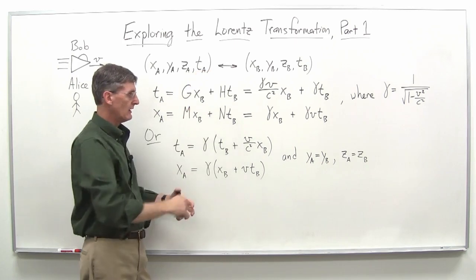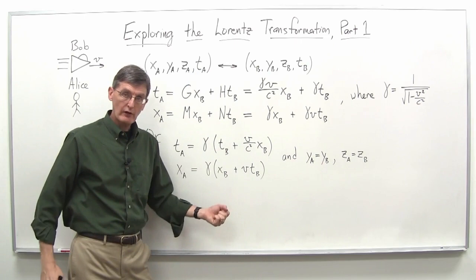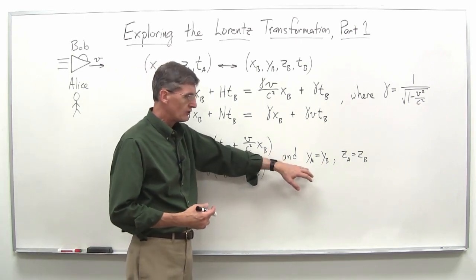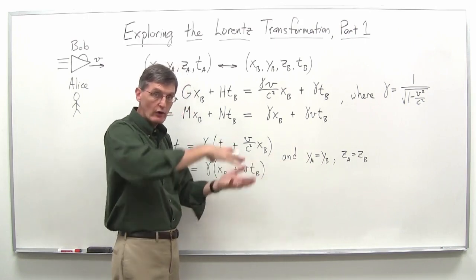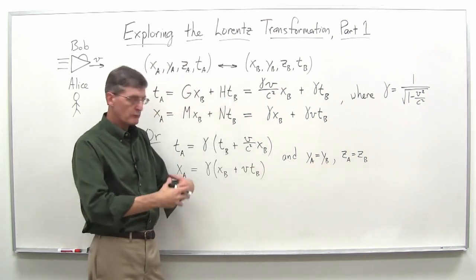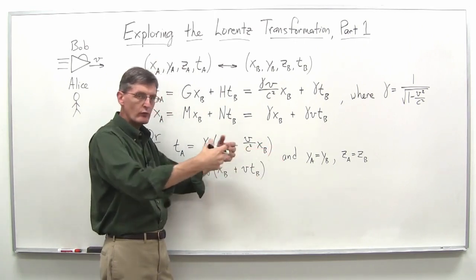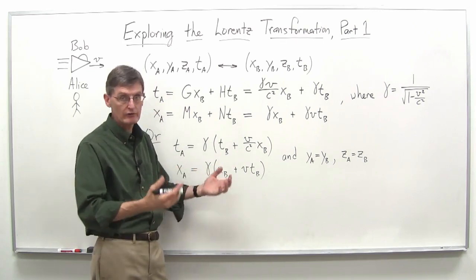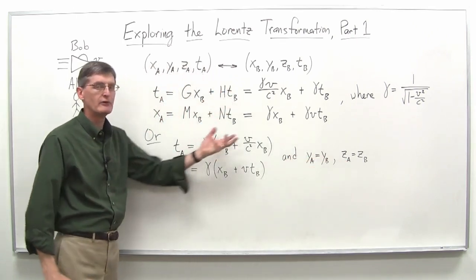One thing we didn't mention last time we were doing the derivation, where we were concentrating really on XB and XA, TA, and TB, was what happened to YA, YB, ZA, and ZB. Well, remember last week when we did the analysis and showed that you don't have any width contraction effects or height contraction effects, and therefore in the perpendicular dimensions, if our direction of motion is in the x direction, then in the y and z directions there are no length contraction effects, width contraction, height contraction, radial contraction effects, and so those equations are very simple if we were doing something in 3 dimensions.